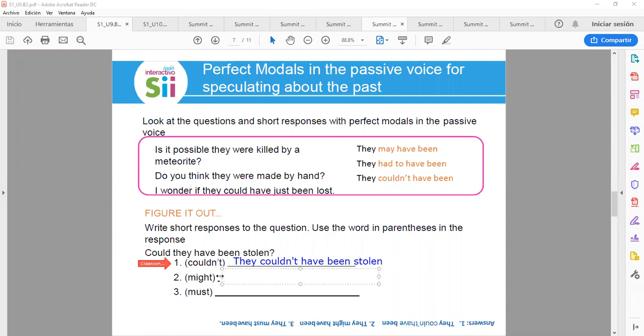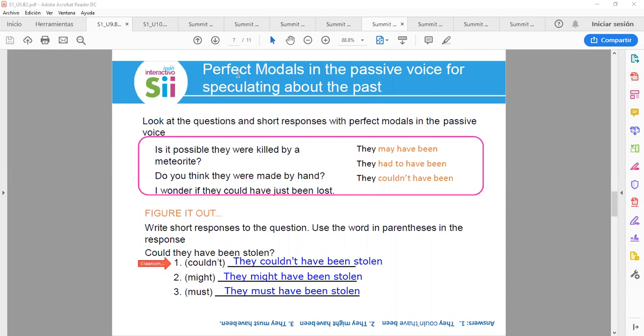Let's work with might. They might have been stolen. All right, pretty good. Now let's use must. They must have been stolen.